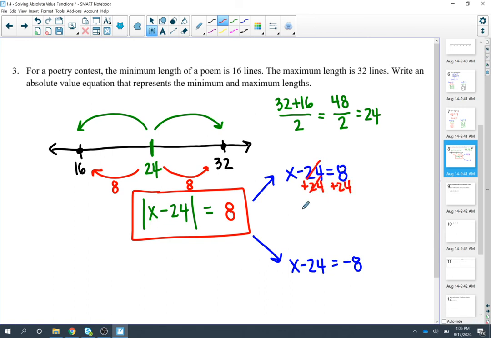So x equals 32. And that was our upper limit. And then I would add 24 to the other side. So x equals 16, which gets us our lower limit. So we know that our equation is true.